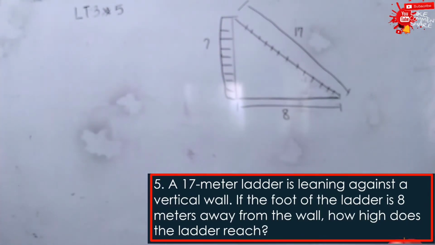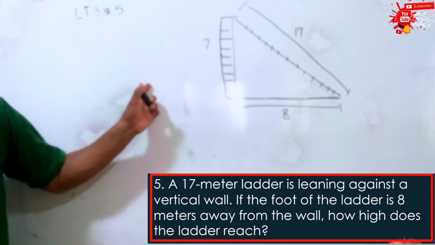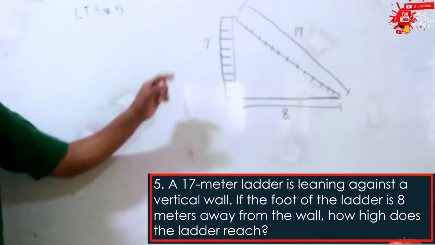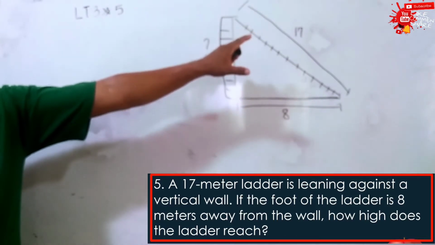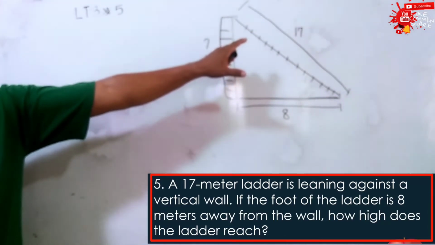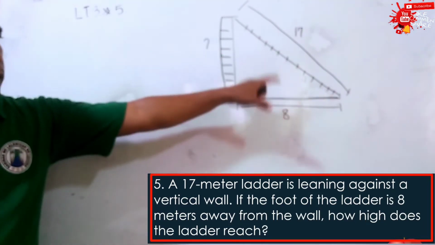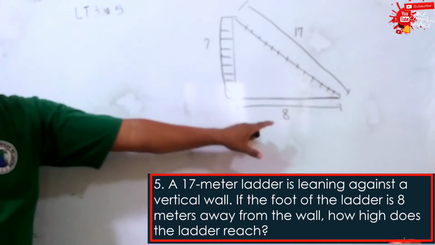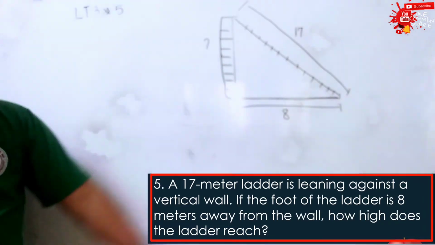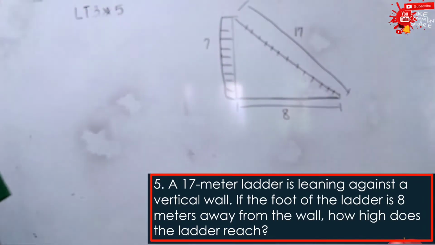Gaano kataas? So, ang given natin doon sa lip natin, 13 meter yung ladders. Then, yung foot from the ladder, from the wall is 5. So, pinalitan lang natin. 13 at saka 5. Ang akin ginawa ay 17 and 8.